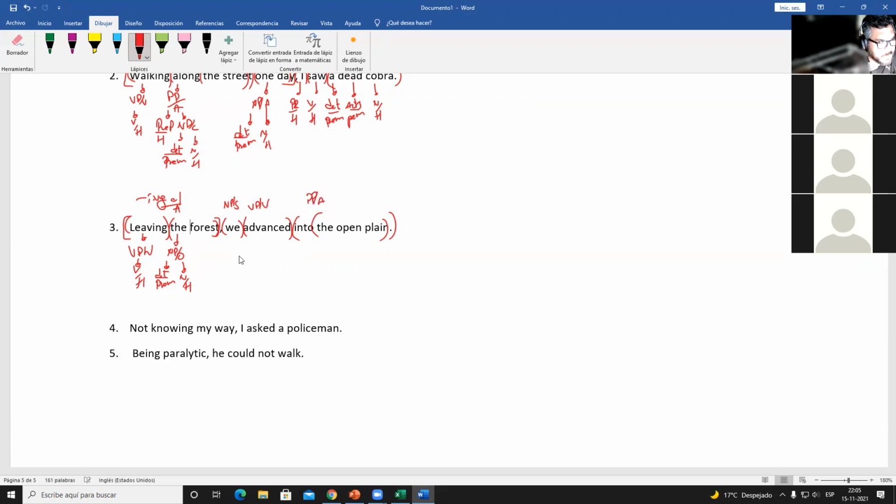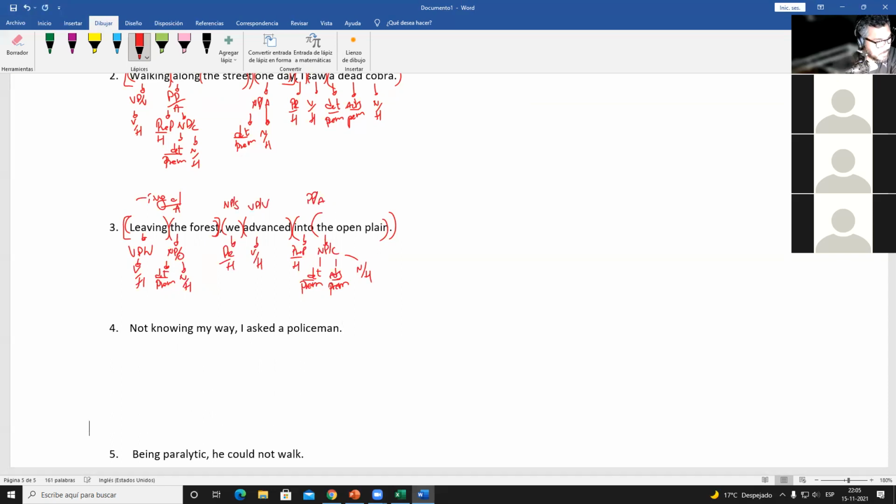Creo que es un adverbio del lugar, ¿no? Pronoun head, verb head, preposition, noun phrase complement, the open plain. Open plain. Todo es igual que los análisis anteriores. No hay nada nuevo.